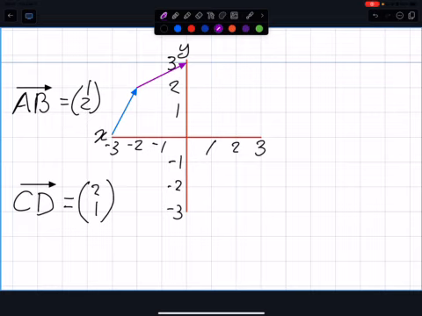So, if I were to walk in the vector AB and then switch to the vector of CD, what would have been my new vector if I walked in a straight line?